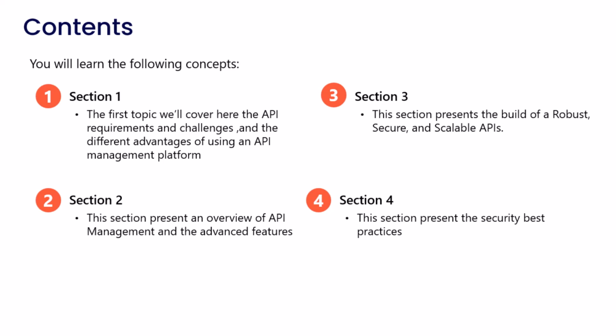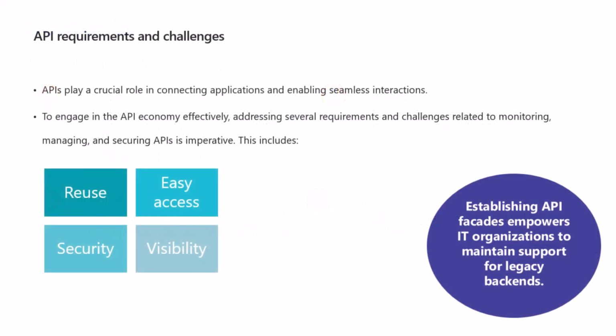In today's digital landscape, APIs play a crucial role in connecting applications and enabling seamless interactions. APIs play an essential role in modern web and mobile application architecture, data management, business integrations, IoT interactions, enterprise applications, and microservices architecture.